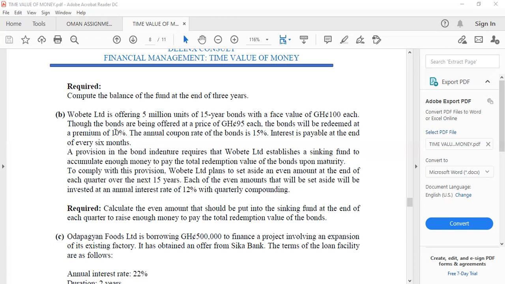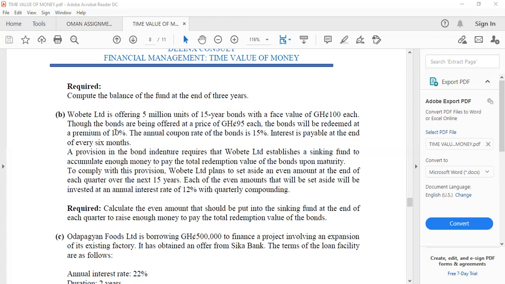Yes. Okay. The annual coupon rate of the bond is 15%. Interest is payable at the end of every 6 months. Are you okay? Okay. A provision in the bond indenture requires that OBT Limited establishes a sinking fund to accumulate enough money to pay the total redemption value of the bond upon maturity.